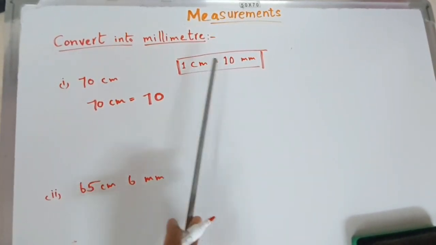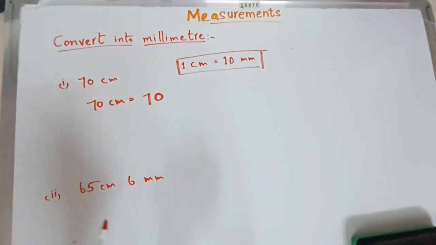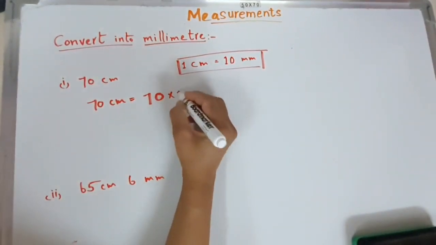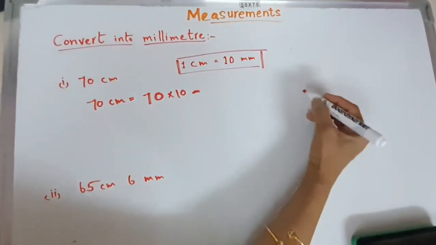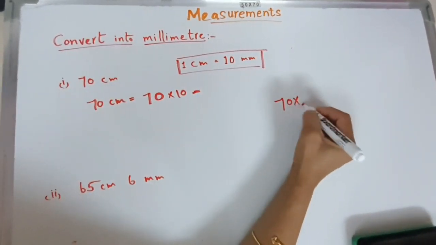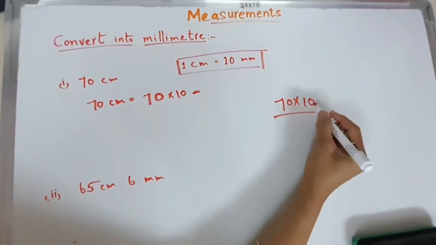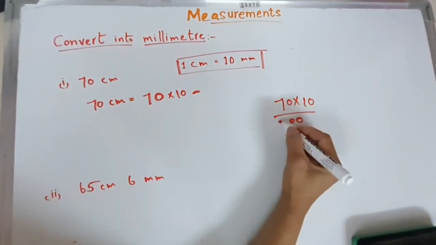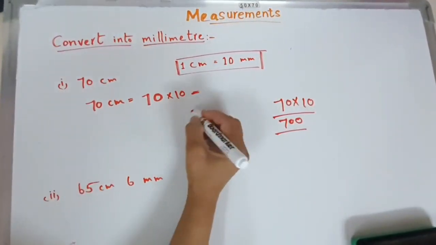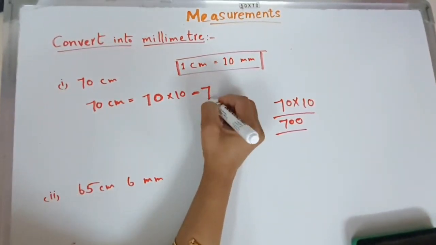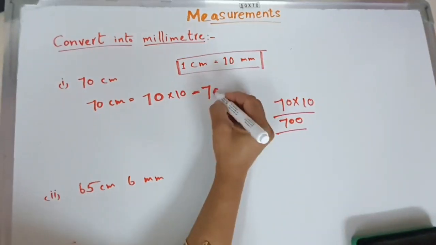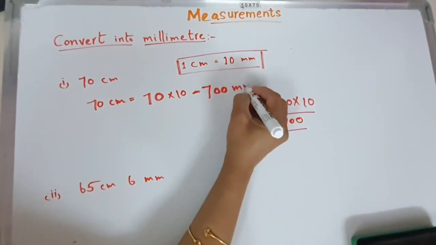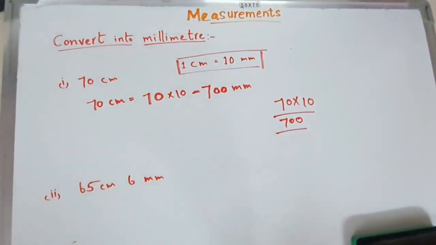Centimeter is greater than millimeter, so we have to multiply. So 70 into 10 is equal to how much? We have to do this sum here. 70 into 10. 0 means 0, and 1 seven is 7. So 700. What is our answer in millimeter? 700 millimeter, isn't it?